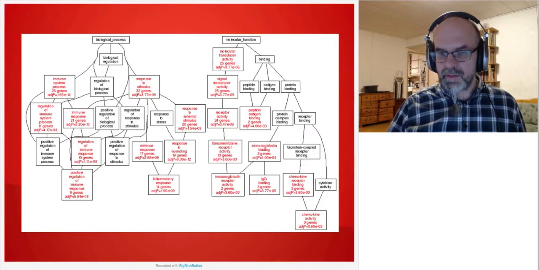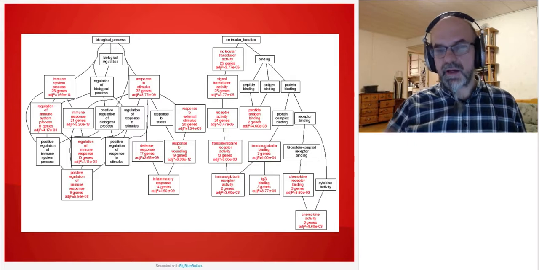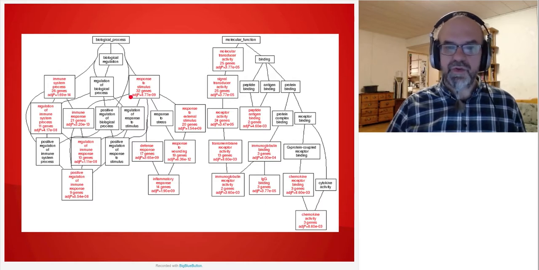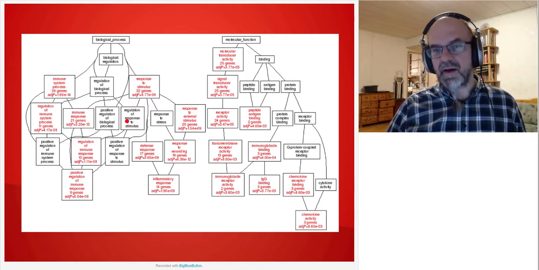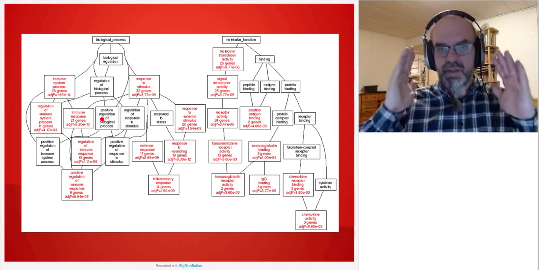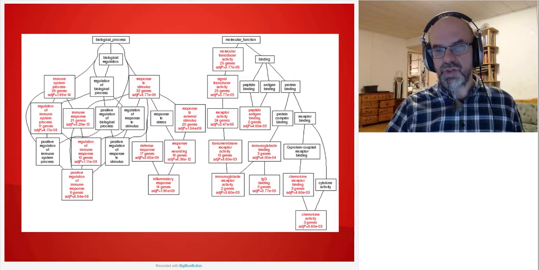Okay, there are different kinds of algorithms which are able to do that. So we do not do this manually, because that would be a crazy amount of comparisons among the higher and lower level terms. So we have in R and in general, algorithms which are able to narrow down the scope of the ontology terms in this process.